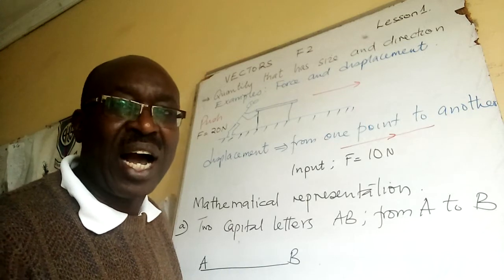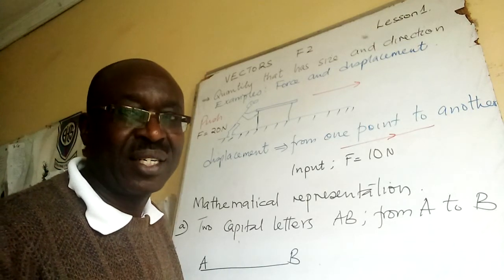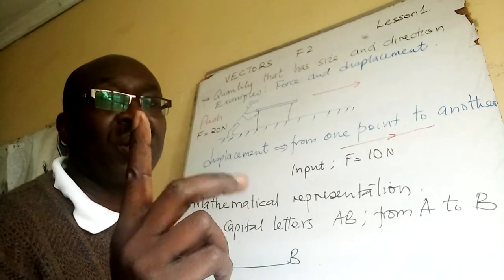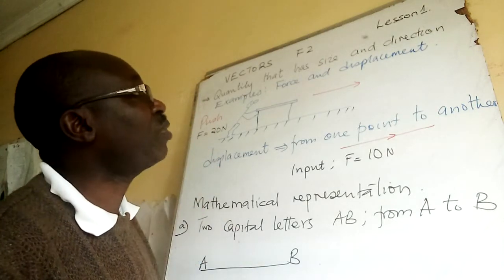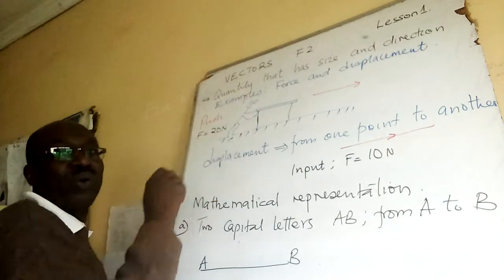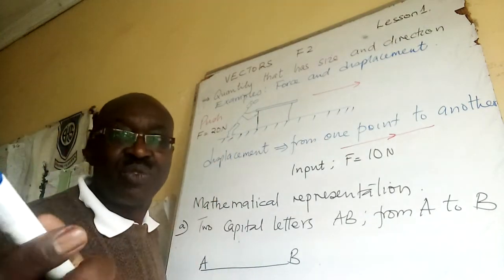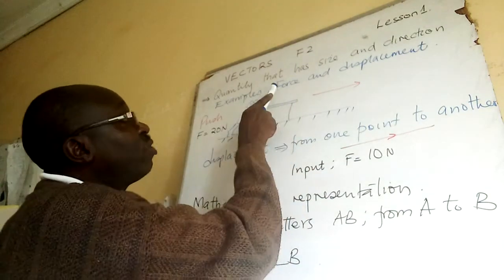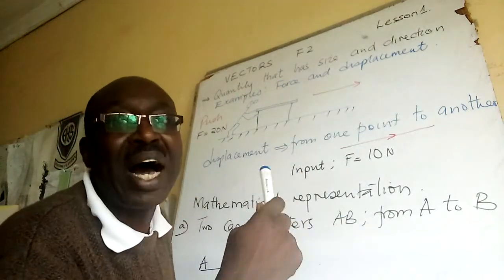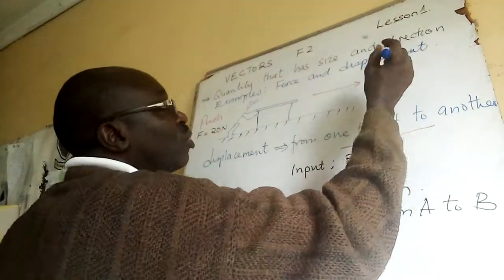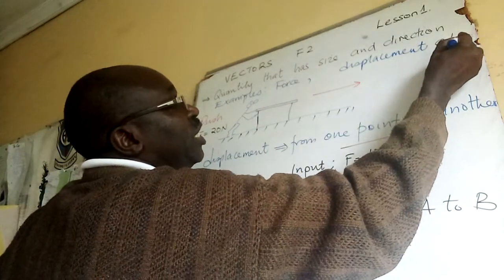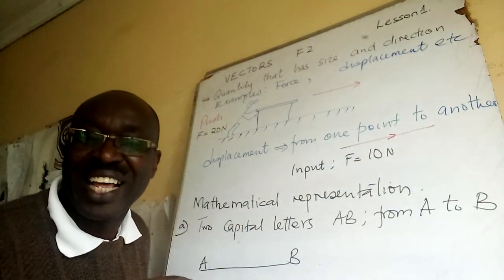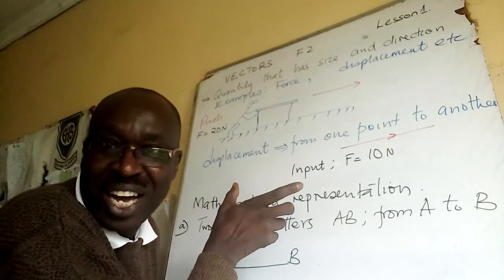Vector quantities have both size and direction. So what is the example? Now, whether you forgot physics or not, force and displacement, among others. I put etc. to show it is not limited to that.